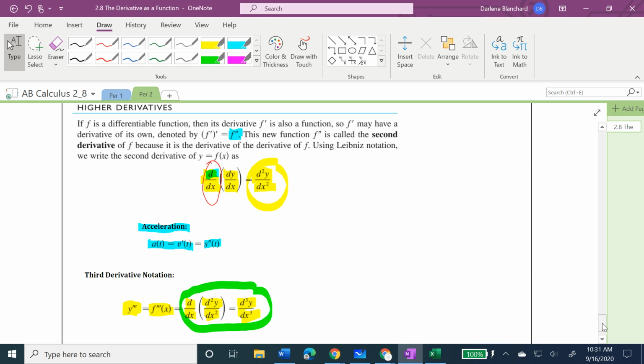As soon as we hit fourth derivative, though, we stop putting the primes. Anyone know enough psychology to know why we stop writing the primes after 3 of them? In a way, yeah.